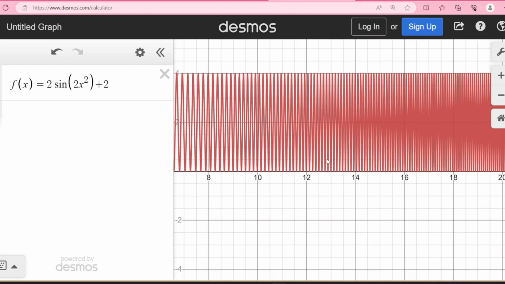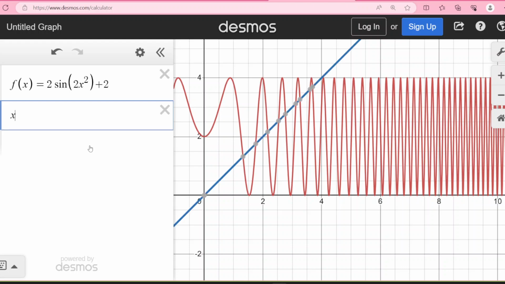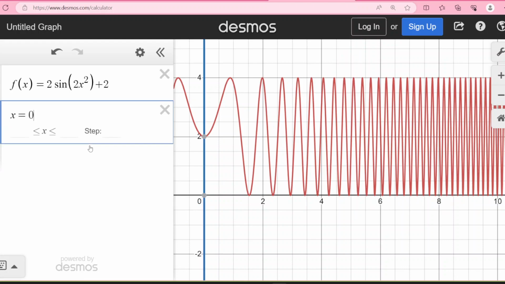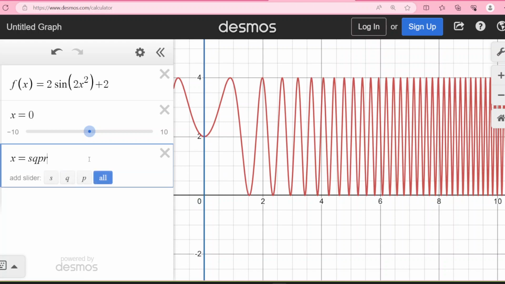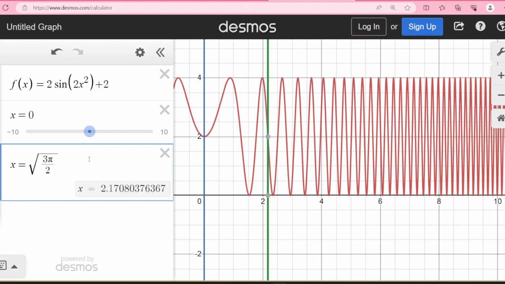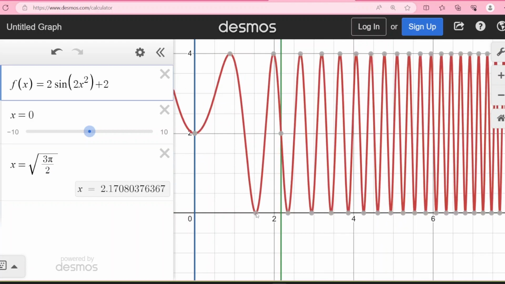There's a lot more condensing outside one, and less condensing inside one. Whatever. But you see from x equals 0 to x equals the square root of 3 pi over 2. So yeah, you see it does hit the x-axis one time at this point here.